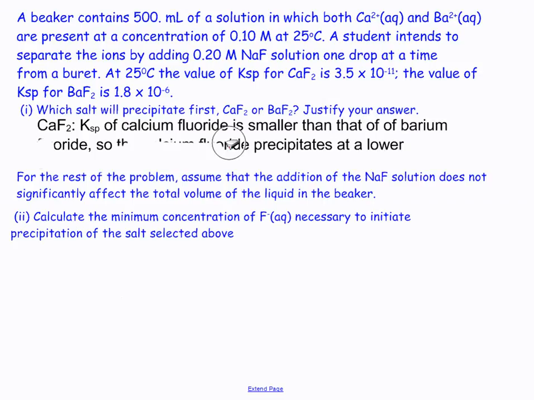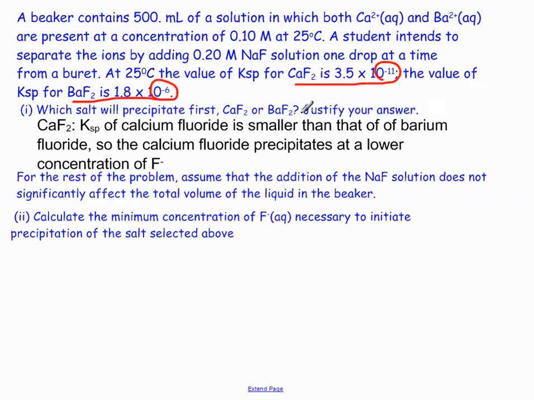I decided that calcium fluoride would precipitate first because we could compare the calcium fluoride and the barium fluoride. And the calcium fluoride has a much smaller equilibrium constant. Therefore, it will make a precipitate first. We need less fluoride to make it precipitate. If you've tried the second problem, we'll take a look at it. If not, pause again.